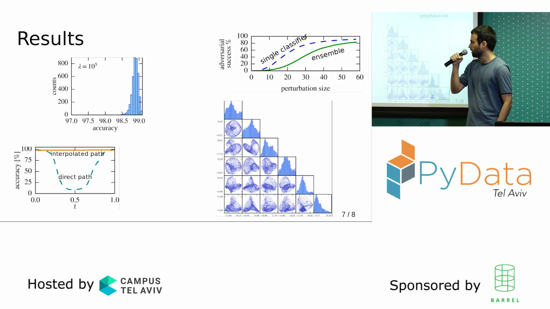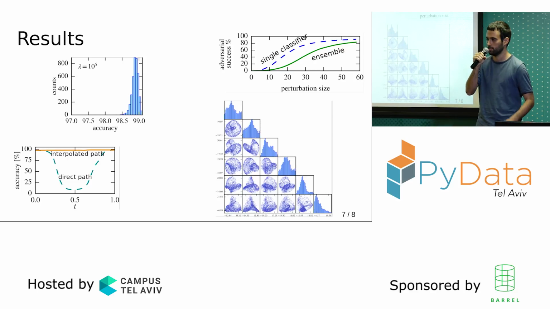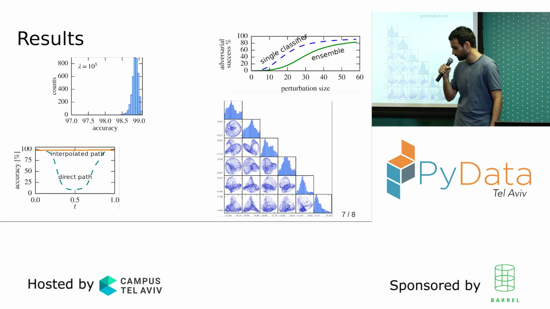Accuracy is a simple thing to measure, because I could just generate a lot of different weights using my hypernetwork, measure the prediction accuracy of each one of these weight vectors, and plot a histogram, for example. My results were satisfying, because all the weight vectors that I generated obtained high accuracy.